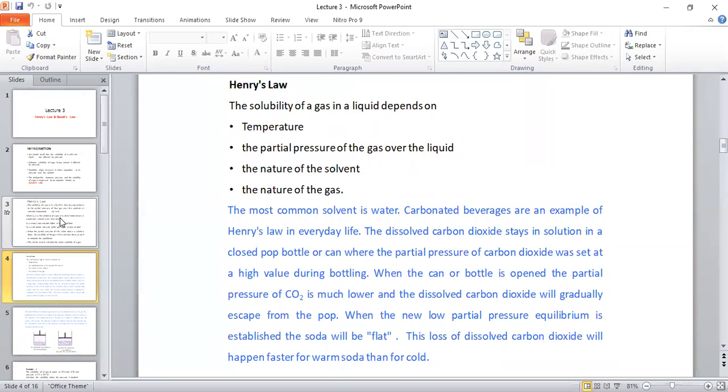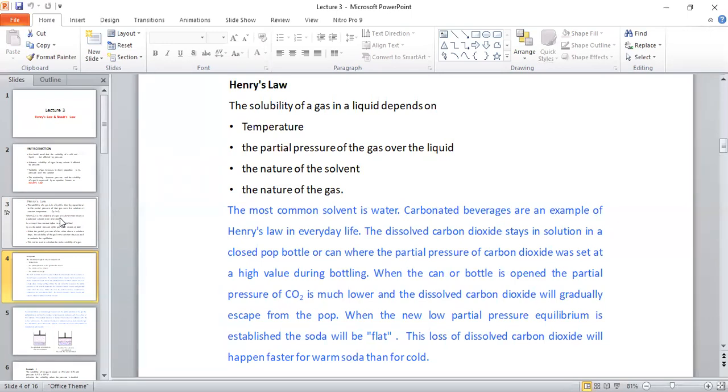The loss of dissolved carbon dioxide will happen faster for a warm soda than a cold one. Remember that for a gas, solubility increases when the temperature reduces.